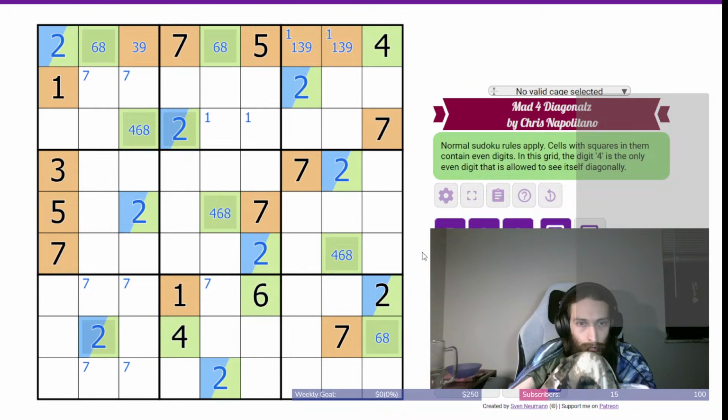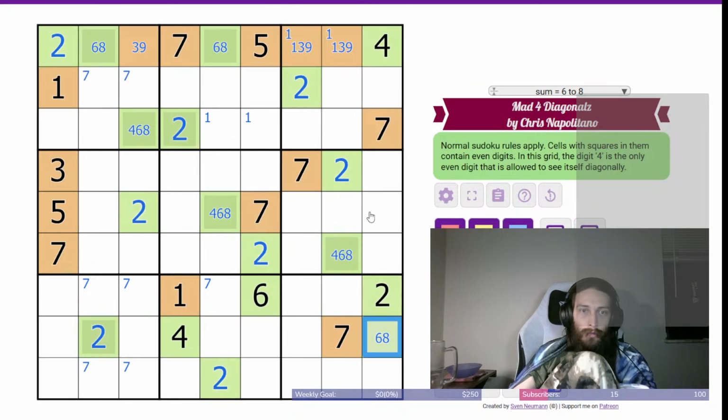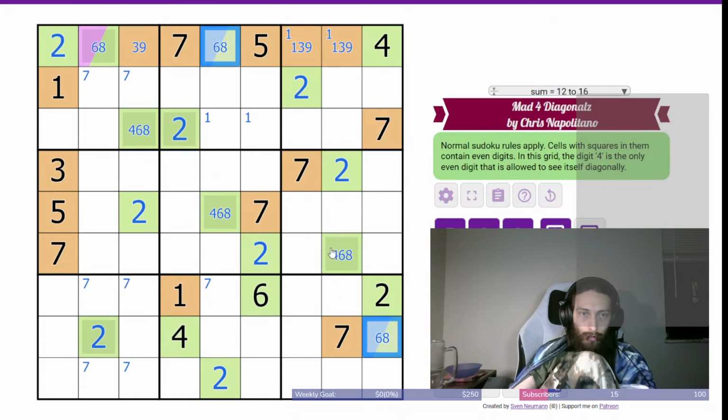Okay, well then the other two, color them. All right. Purple, and make this blue now. So that one's blue, because neither of those can be 6 or 8.